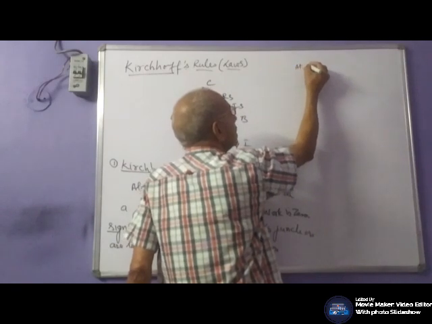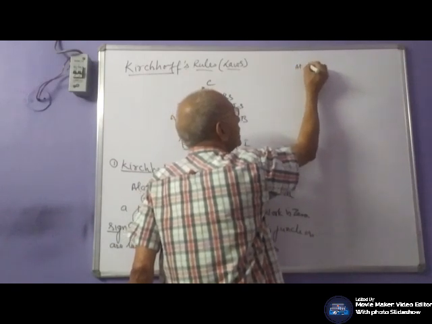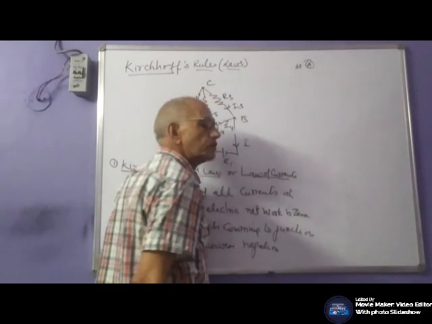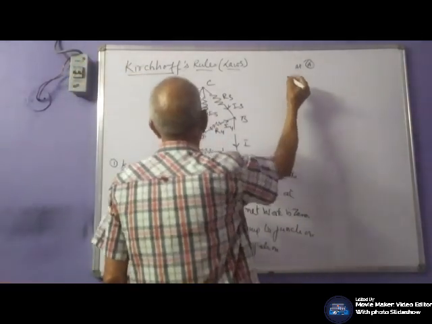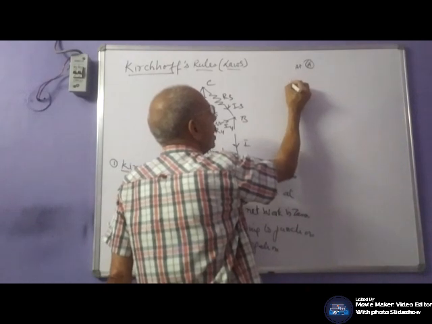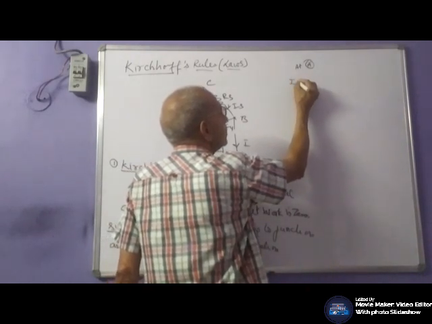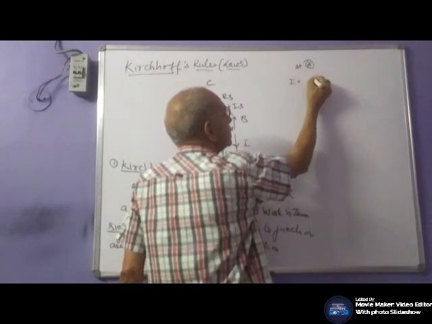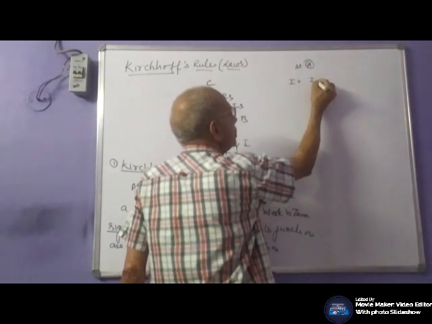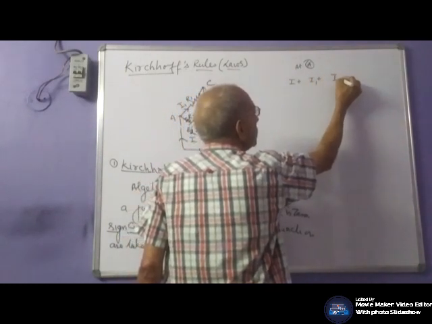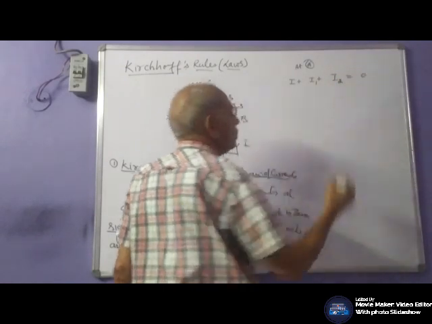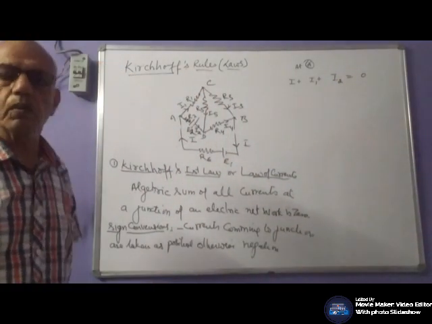At junction A, there are three currents, I plus I1 plus I2 is 0. Sum of all currents is 0.